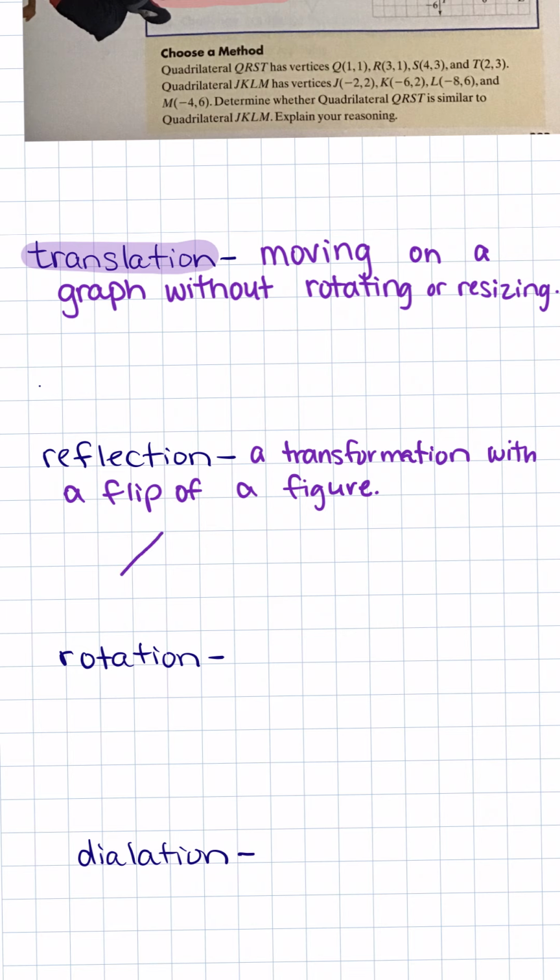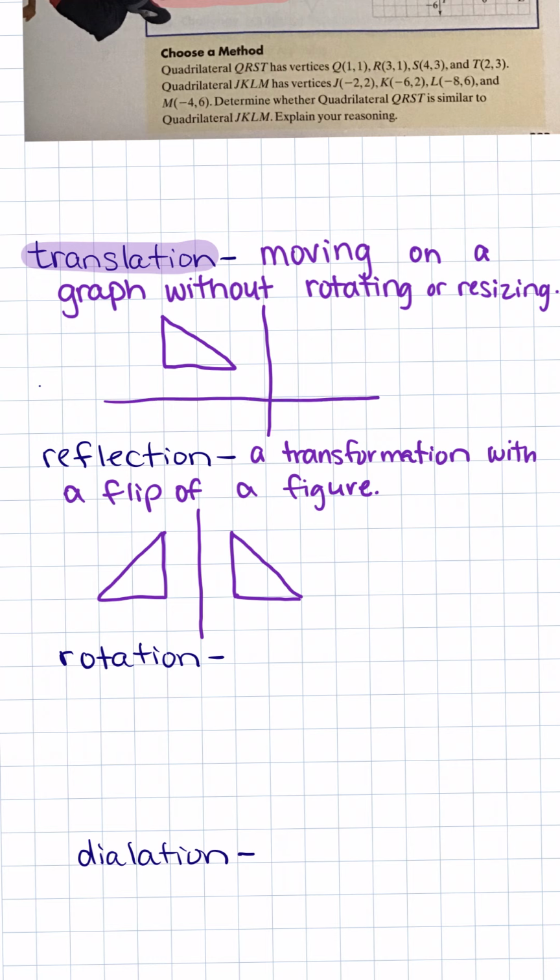So if it was a reflection over the y-axis here, a reflection. A translation, sorry, let's go back. It could be anywhere. So this could move over here. Translation, reflection.